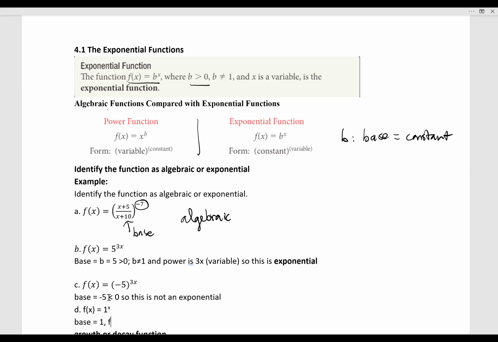Now I can rewrite f(x) to be equal to 1, because 1 to the power of anything is equal to 1. So f(x) = 1. I can say it is not an exponential function, or I can even say it is algebraic.